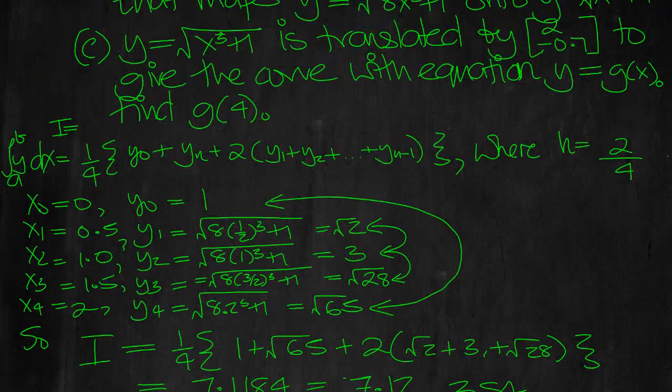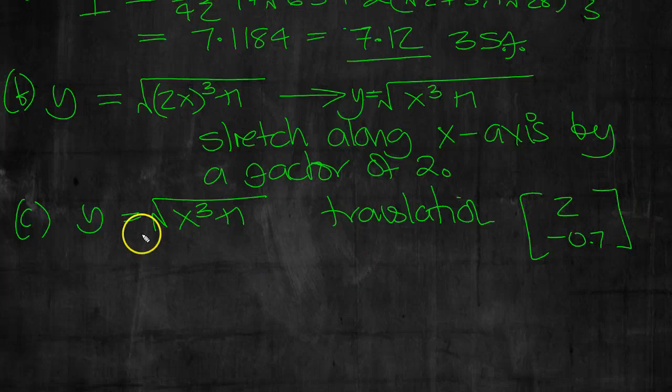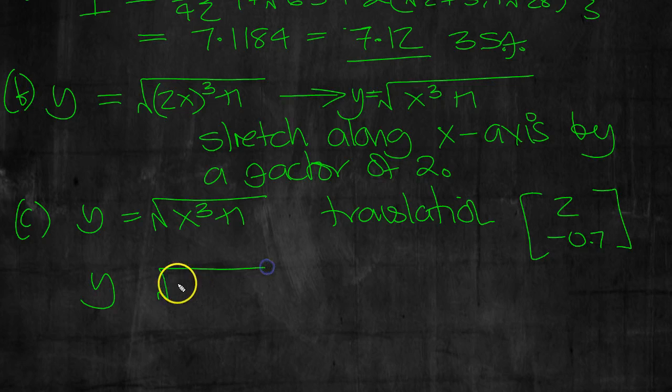So if it's shifted forwards, it would be the square root of x minus 2, cubed, wouldn't it? And then if it's dropped down by 0.7, the y value needs to be plus, doesn't it? y plus 0.7, that's the translation there, plus 1.